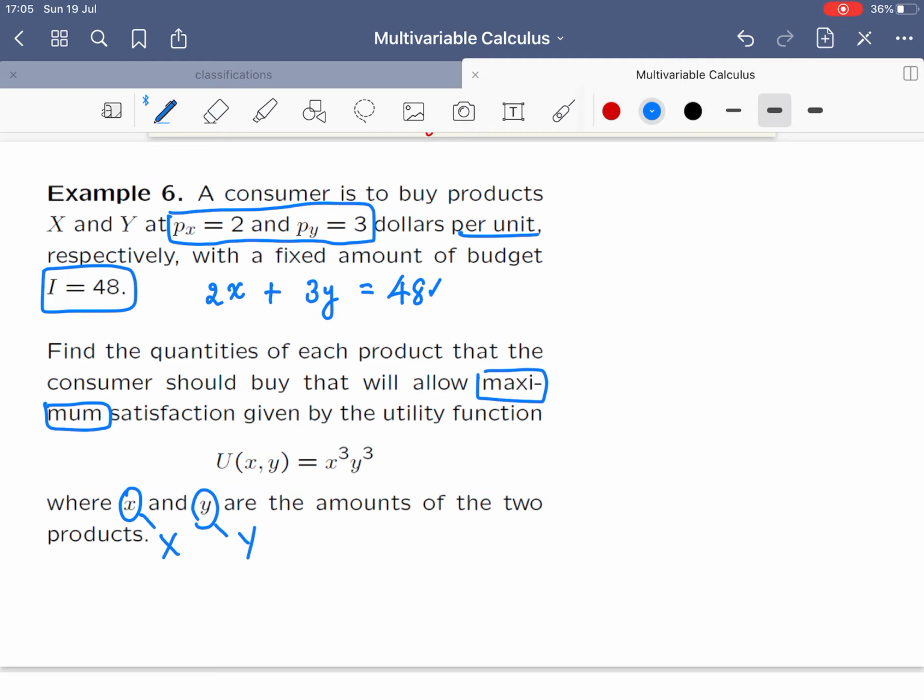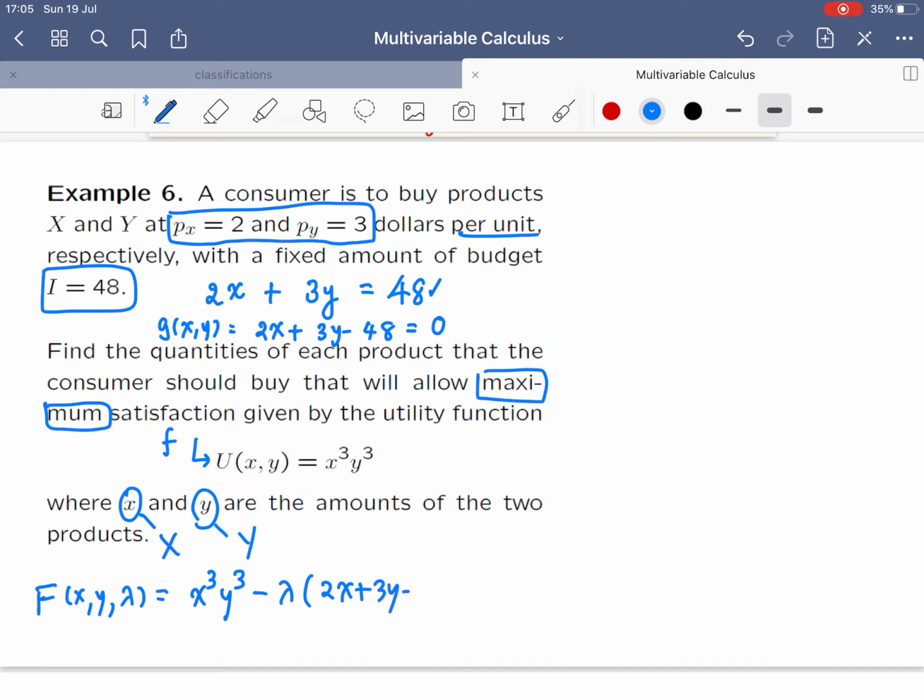Let us rewrite our constraint a little bit. So we get 2x + 3y - 48 equals 0. This one is actually your small f, in the general context. So what we need to do is to find your capital F, which is your small f minus lambda times your constraint. Then all you need to find is the critical point.